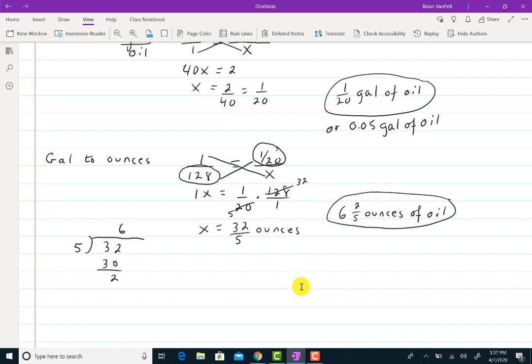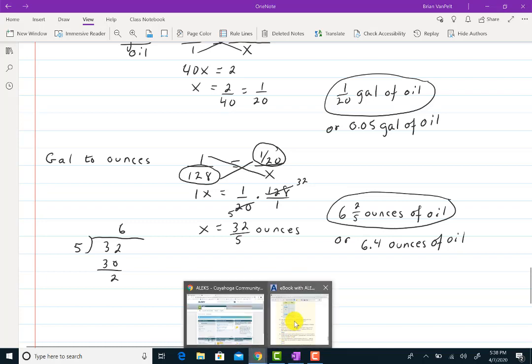Or if you wanted to go decimals, you could have written this as 6.4 ounces of oil. So this was a dual proportion type of problem.